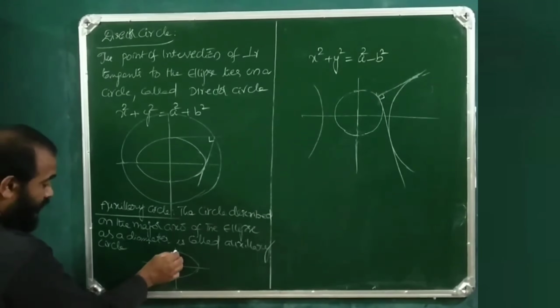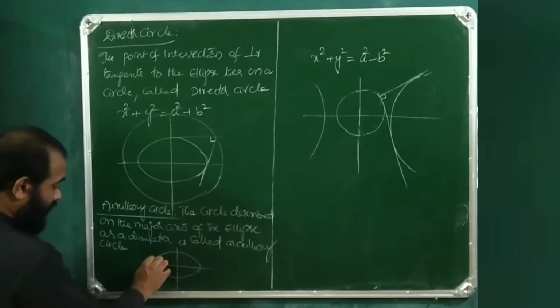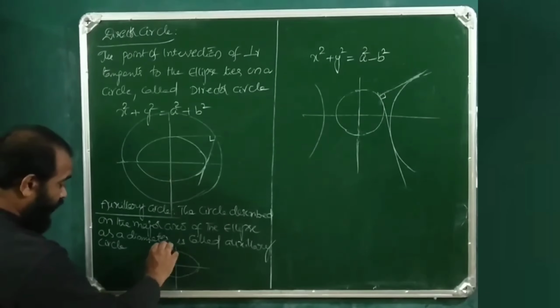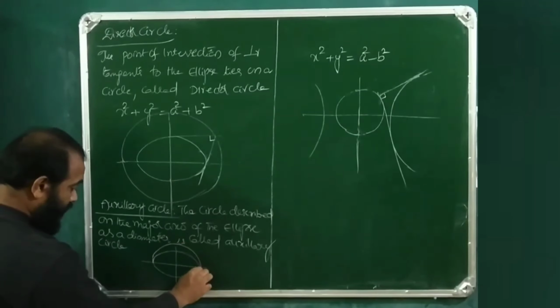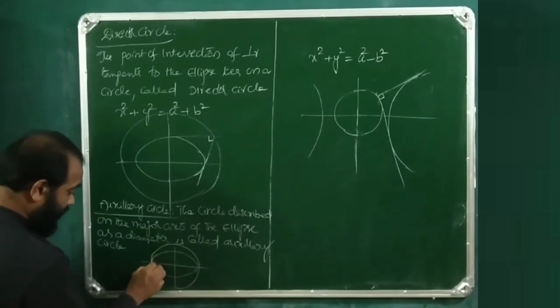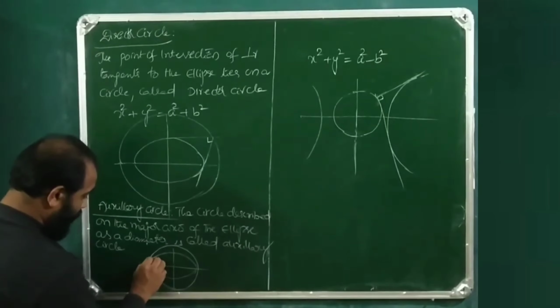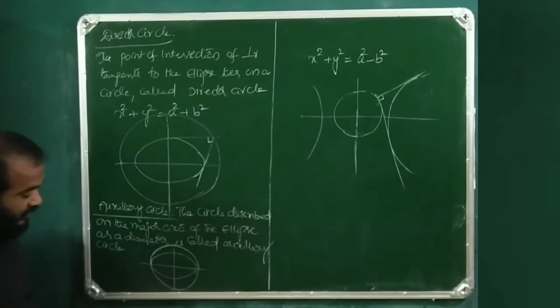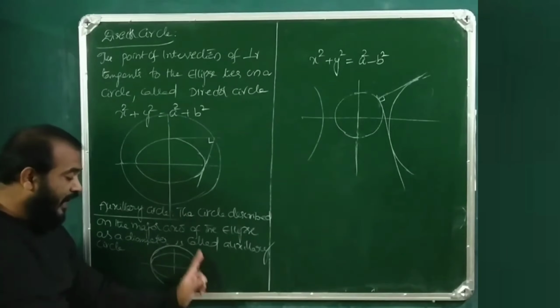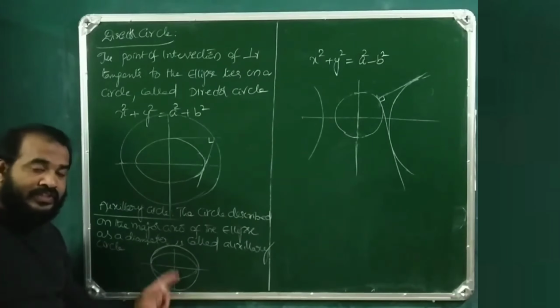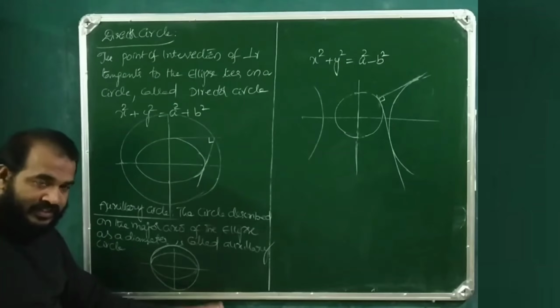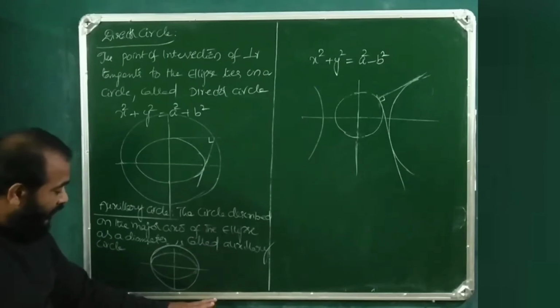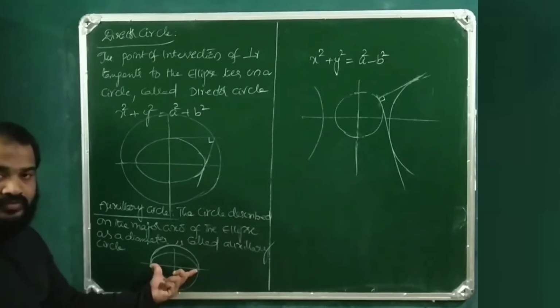So the circle formed, this is the circle. This circle has the diameter which is the major axis of the ellipse.